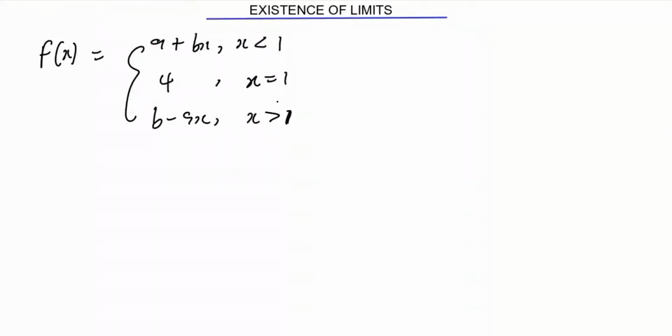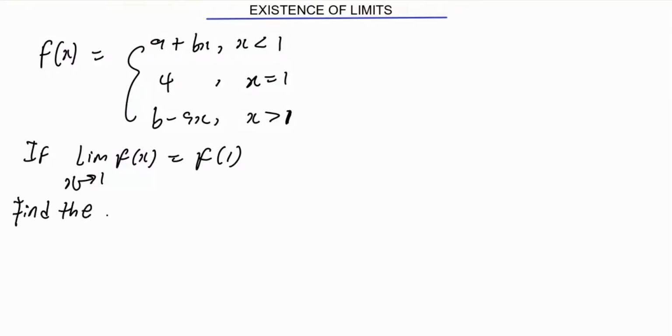So, you were told that if the limit as x tends to 1 of f of x is equal to f of 1, you have to find the possible values of a and b. You can pause this video to try this question, and when you are done, let's move on powerfully.